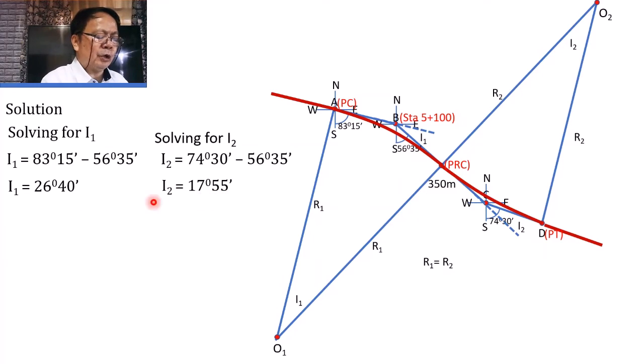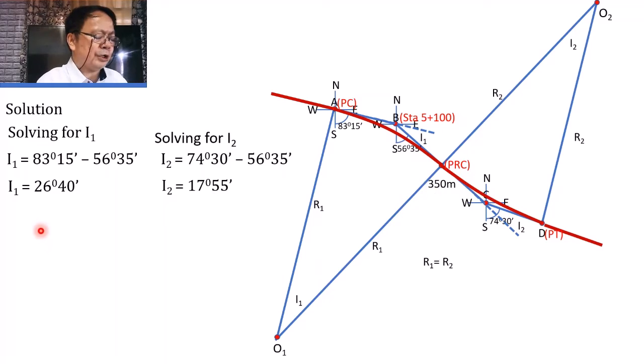After we have solved for I sub 1 and I sub 2, let us go back to the given in the problem. It is mentioned that the distance from B to C is 350 meters. We will find that this distance B to C is also called the common tangent of the reverse curve.